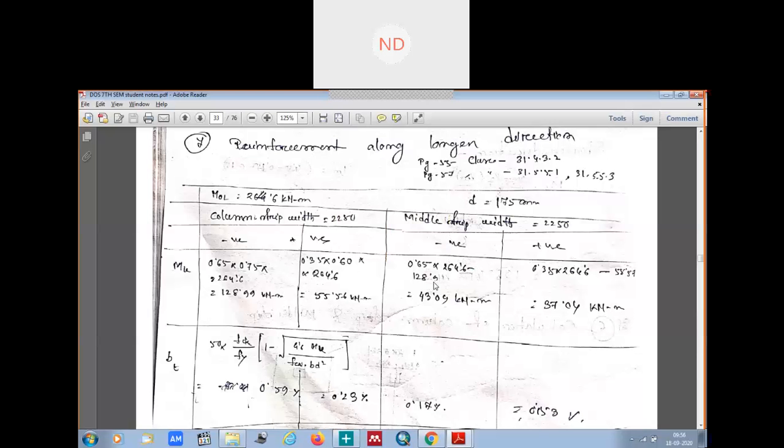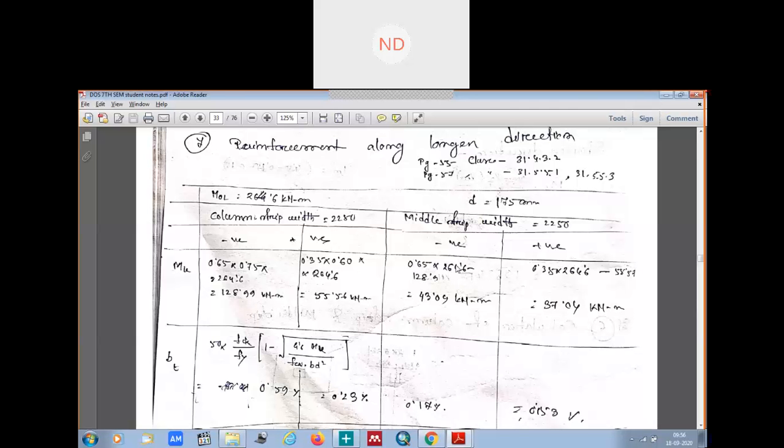Now minus 128.99, which we have calculated. We have subtracted this because we have already designed our column strips such that they resist 75% of the total negative moment. Since we have already calculated this 0.75, meaning 75% which is to be resisted, we don't need to provide that reinforcement again for resisting this much percentage.